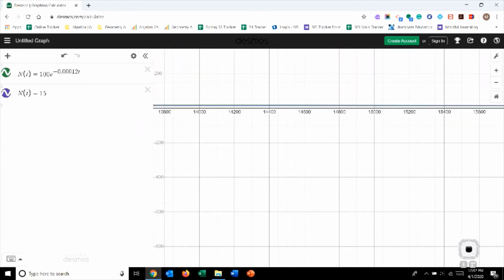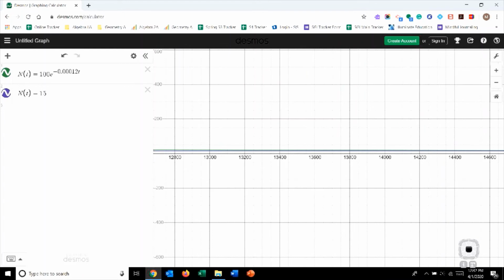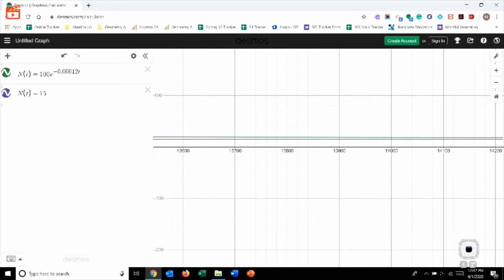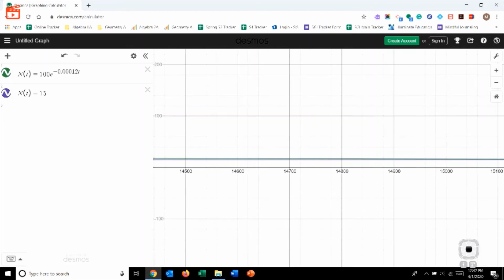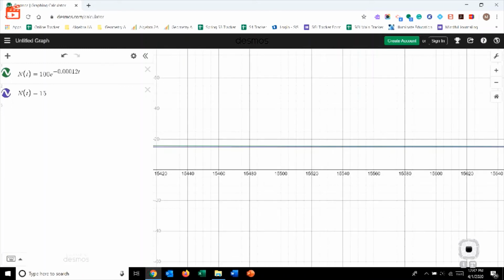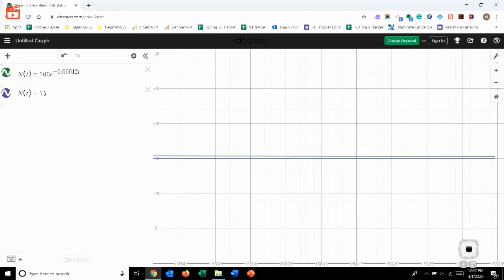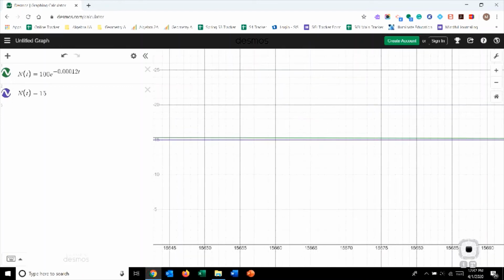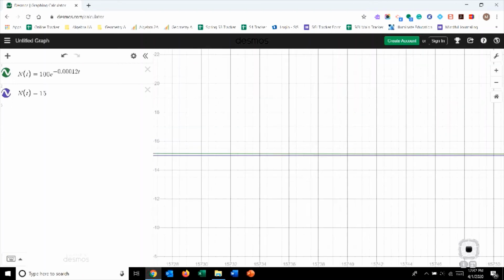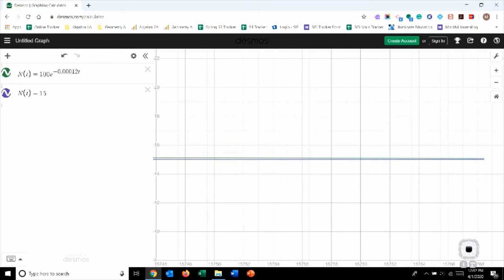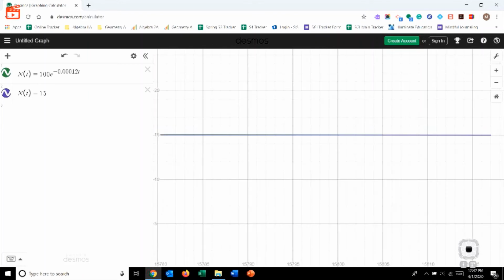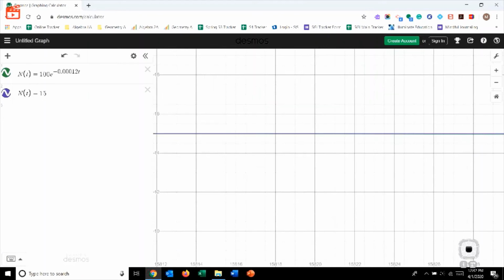So it's kind of hard to see. So I just have to keep zooming to see when the purple line and the green line are going to intersect. So I'm assuming it's somewhere around here.